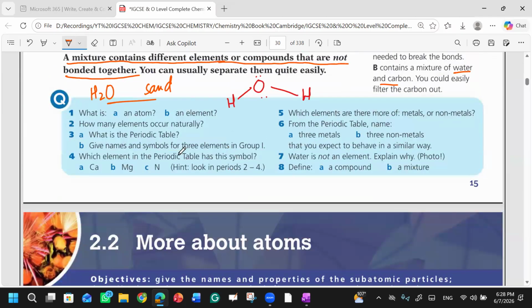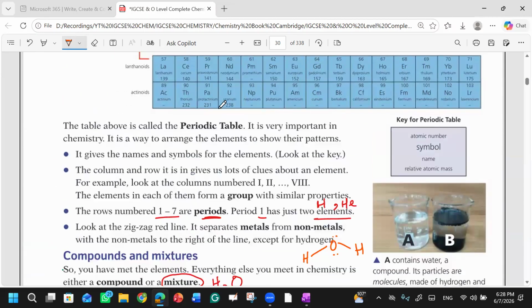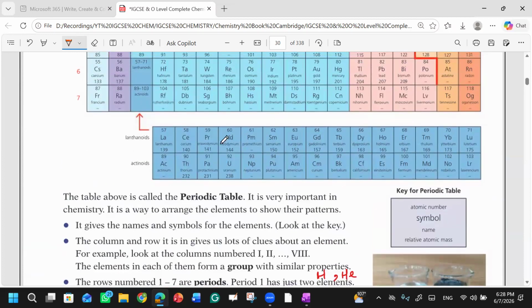What is a periodic table? The periodic table is something that differentiates between different atoms, compounds, and elements. Now, you can simply say the periodic table gives us information about the elements.